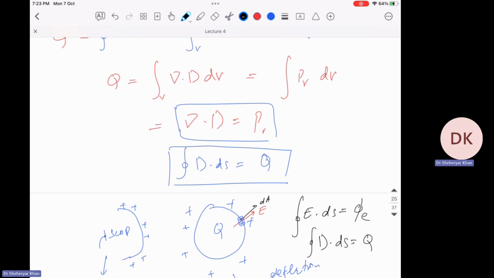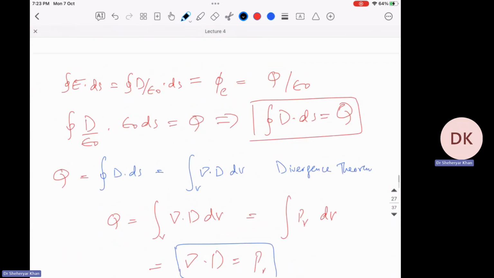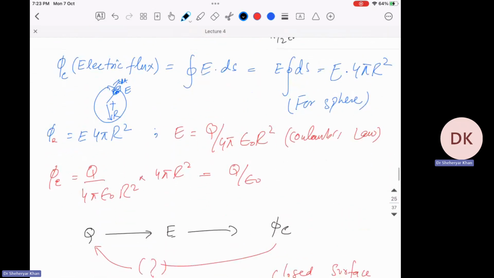Now we will have a similar discussion here, okay? But for this slide, there is no proof. So I suggest you use the previous two slides as a derivation. We have all the derivations from Coulomb's law, from the flux, and then you can prove it very easily.